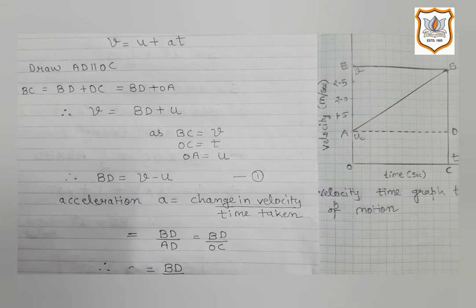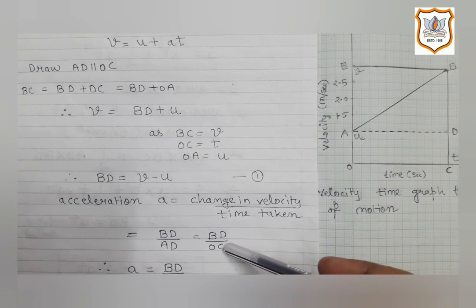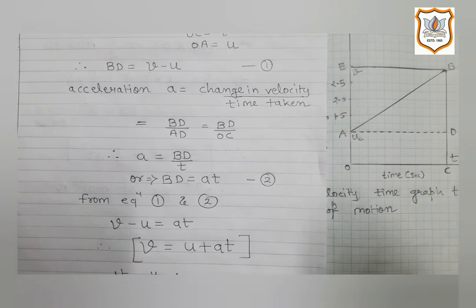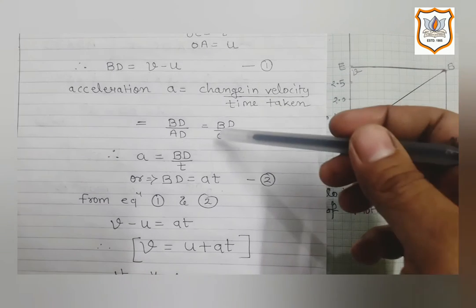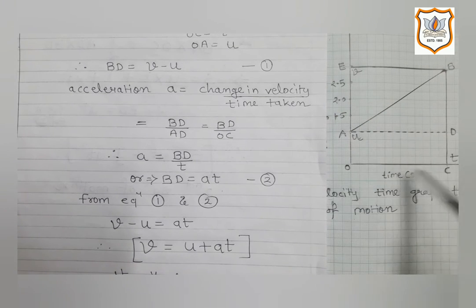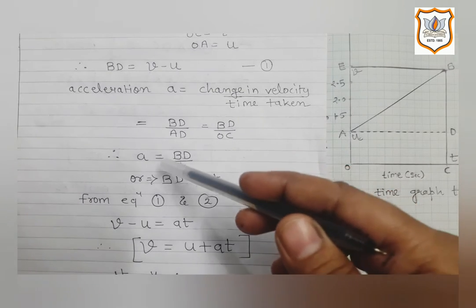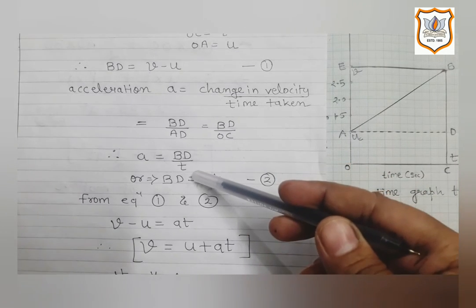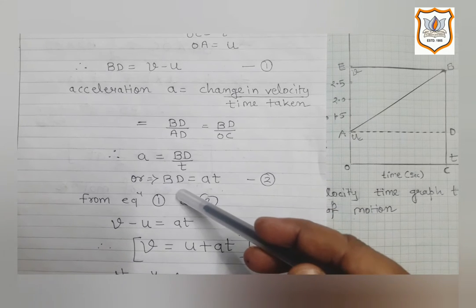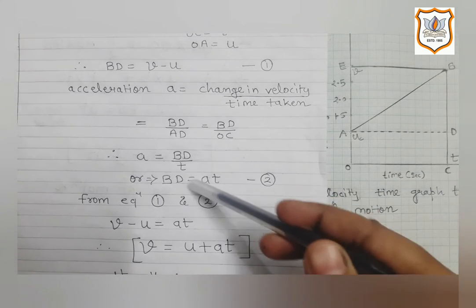So a = BD/AD = BD/OC, and OC or AD both are the time taken t. So we can write acceleration is equal to BD upon t, or BD = a × t.